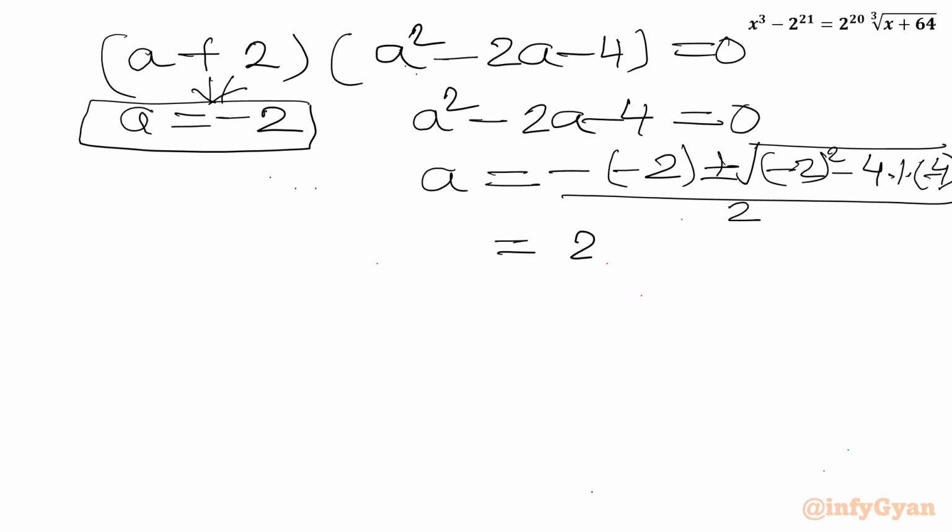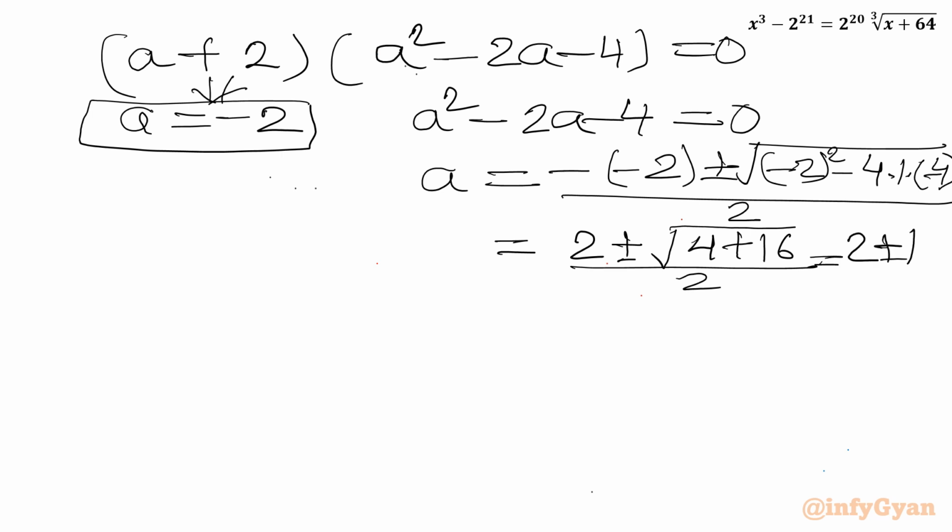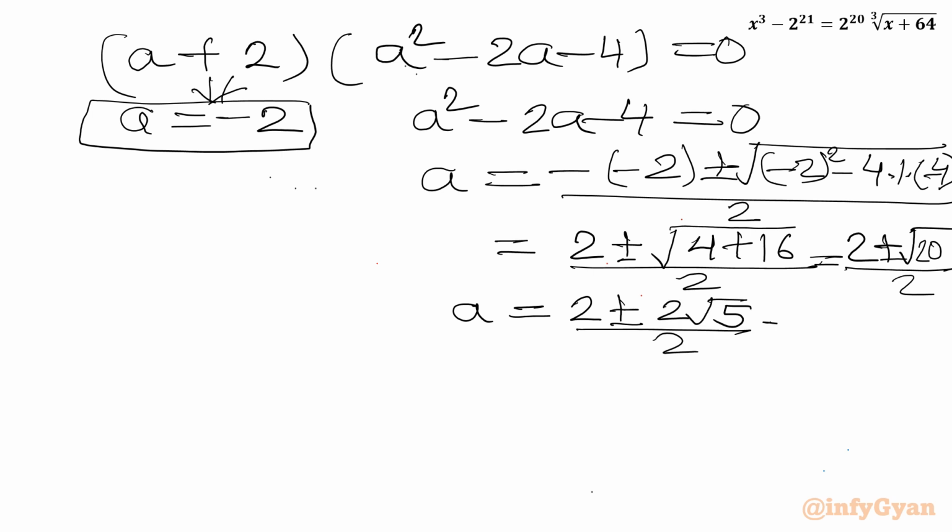This will give us 2 plus minus square root of 4 plus 16 over 2, or I can write 2 plus minus square root 20 over 2. Further we can write 2 plus minus 2 root 5 over 2, or we can write 1 plus minus square root 5.